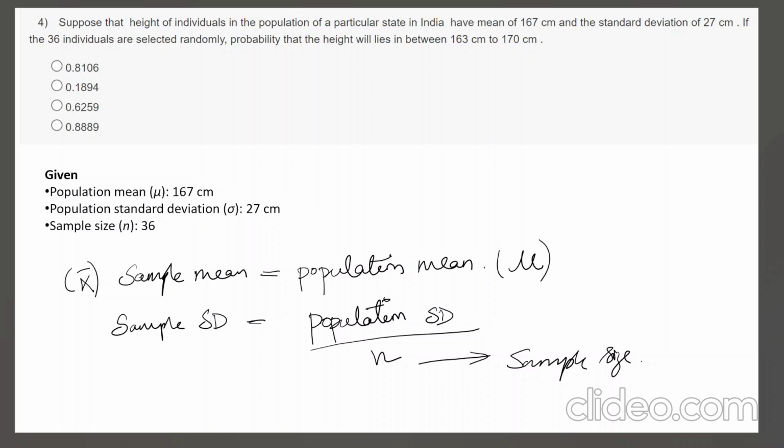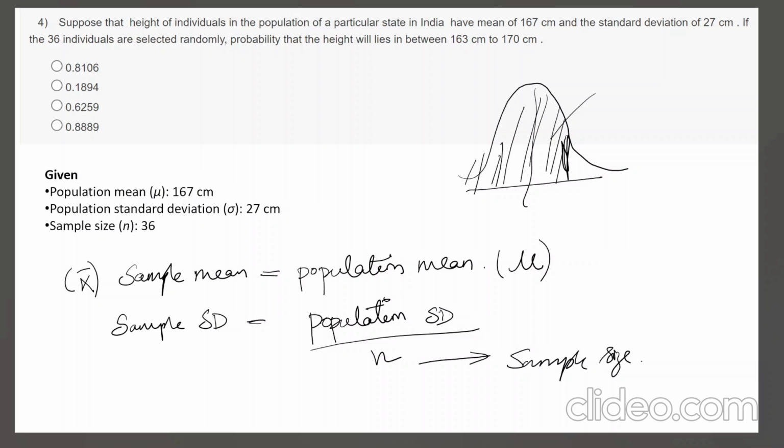Before, we were finding the probability for one particular point. Here they are defining an interval within which we have to find the probability. So how to find it, we will discuss now.